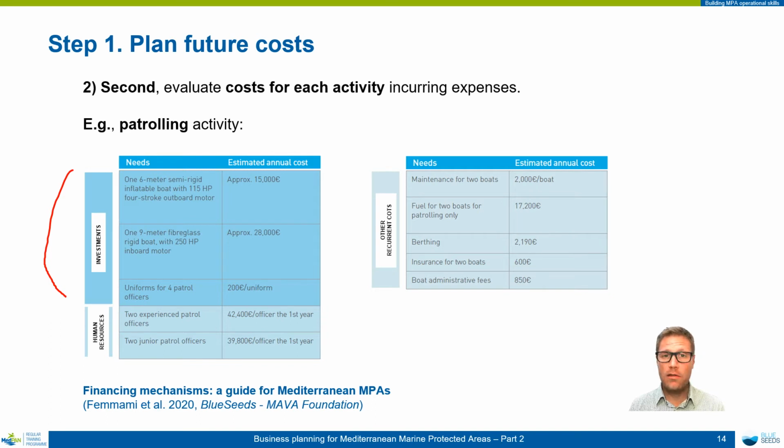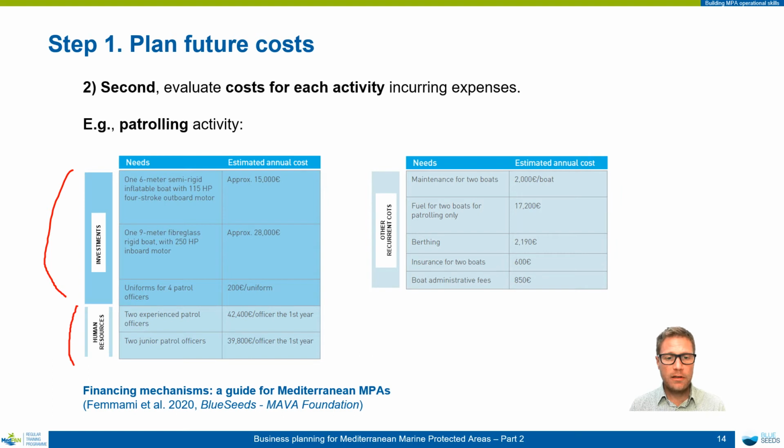You might need another fiberglass rigid boat, and you might need uniforms for 4 patrol officers. You will need staff, of course, human resources costs, 2 experienced patrol officers, which would cost 42,000 euros per officer the first year, and maybe another 2 junior patrol officers.